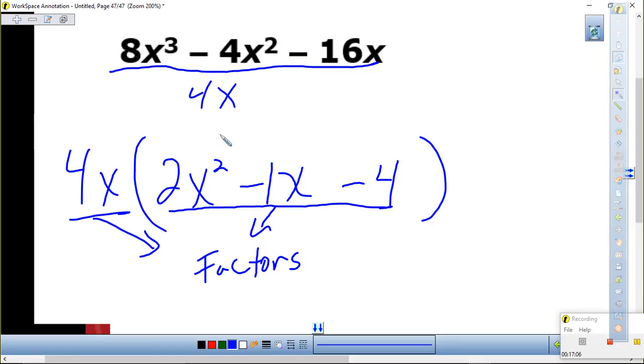X squared divided by x is x. But whenever it's like this, sometimes we don't write the 1. Is that correct? Let's see. X squared divided by x. Same base. What happens to the exponents?